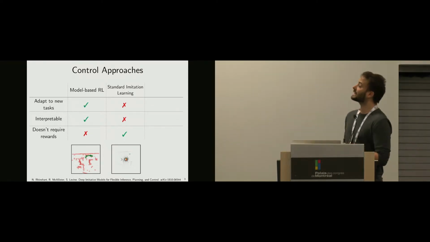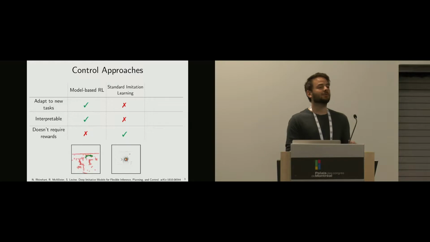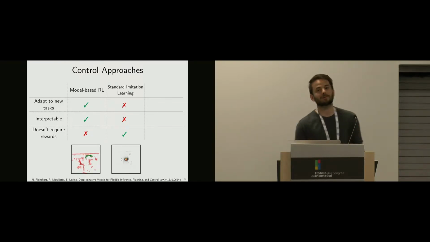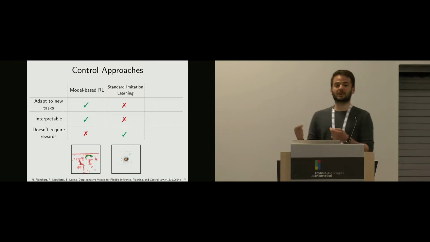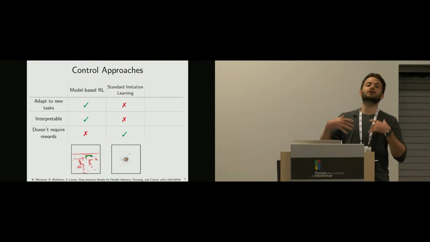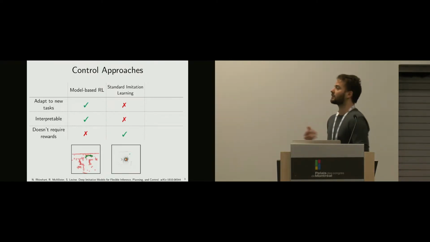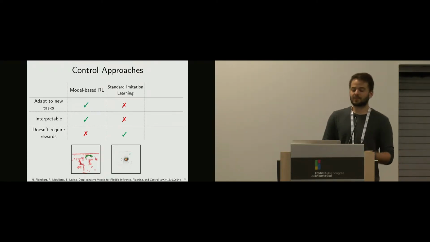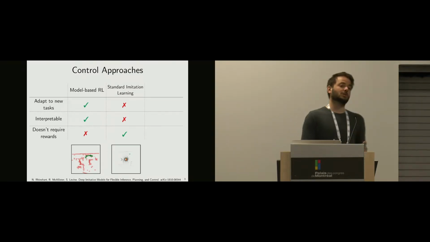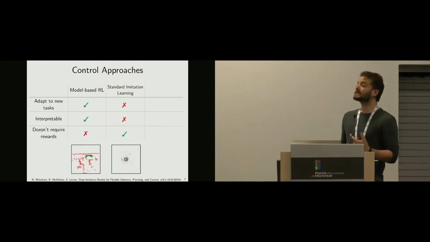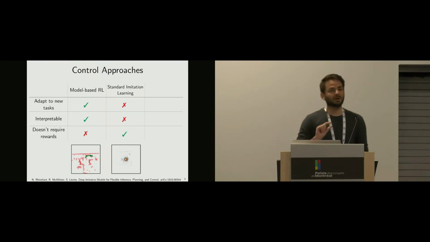So imitation learning gets around this problem by, instead of requiring a really well-crafted reward function, you can just use observations of expert behavior to learn a model. So you don't need a reward function, you just need someone to demonstrate how to perform tasks. But this has a few downsides: imitation learning generally isn't very interpretable. So if you're learning policies with imitation learning, they just output controls.